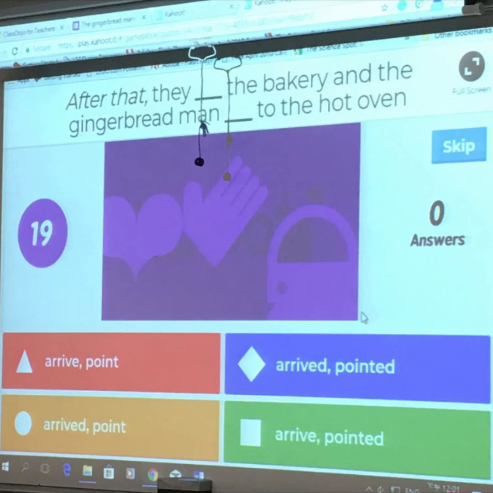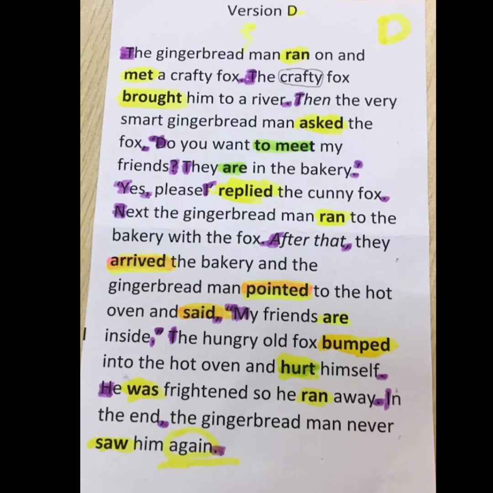Then the teacher launched a Kahoot game based exactly on version D, where students can look at the slide and have a look at the highlight to choose the correct answer. Teachers then repeat the same activity again, but this time the highlight is on punctuation and capital letters.